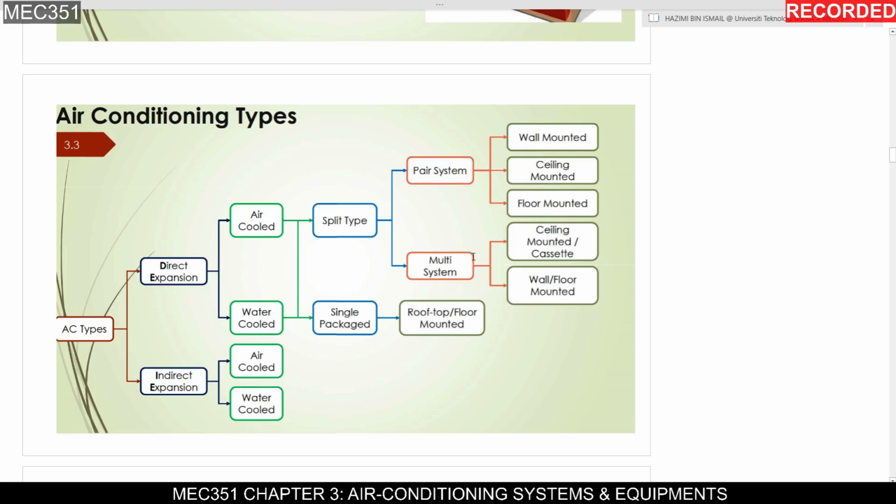If we have limited space, then we have to use the multi-system, where there is only one outdoor unit, but it can be connected to multiple indoor units. For the pair system, we have one outdoor and one indoor.